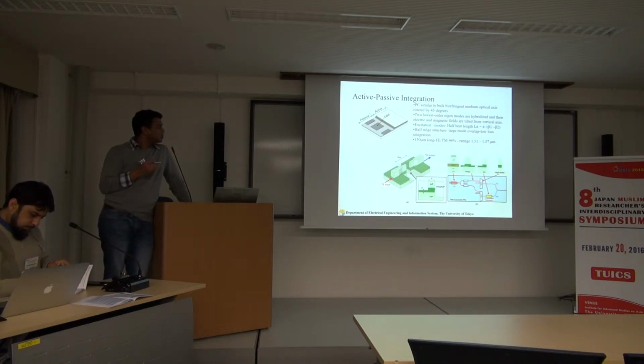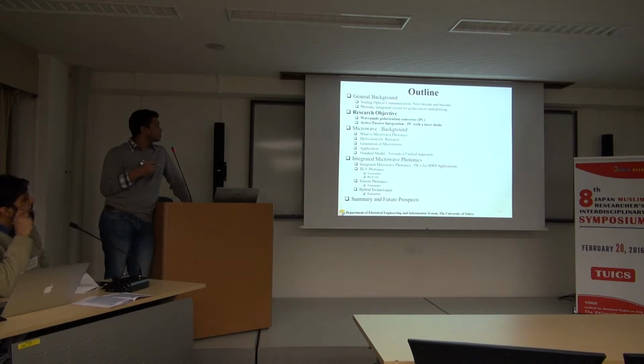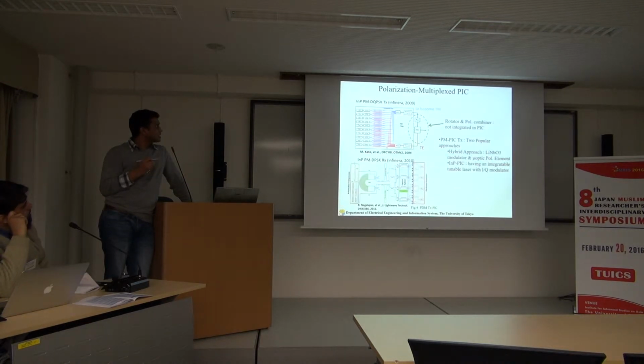Along the way, you can manipulate light using different components like modulators, and at the receiver side, you have the photodetector for detecting light. Currently, if you look at the market, these components for polarization multiplexing or wavelength division multiplexing are off chip.